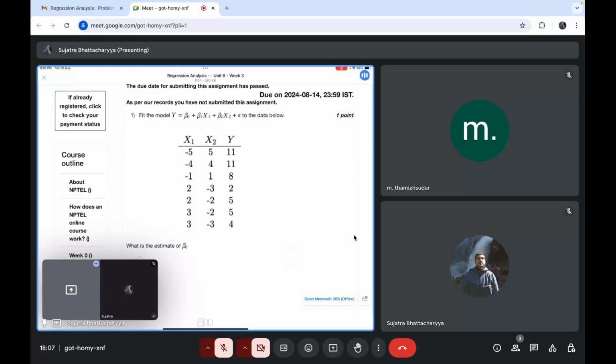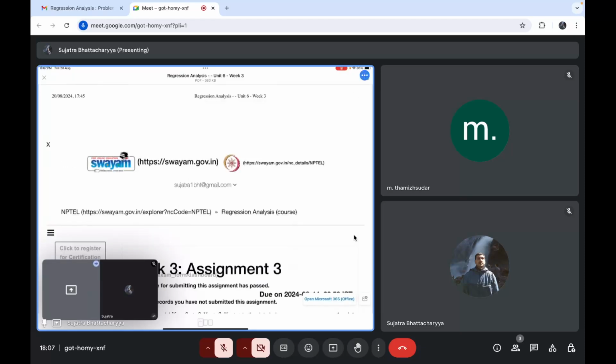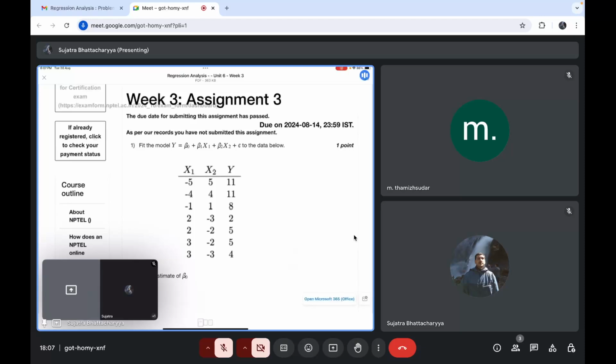So the first question of the week 3 assignment says, fit the model y is equal to beta naught plus beta 1 x 1 plus beta 2 x 2 plus epsilon. You can see that there are two regressors and three unknown parameters, beta naught, beta 1, and beta 2.